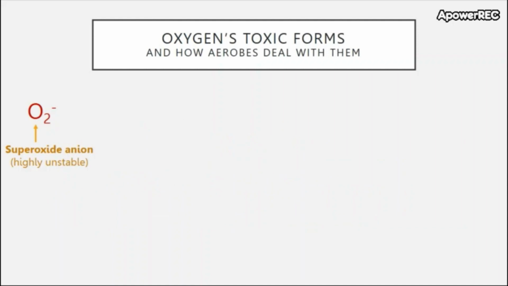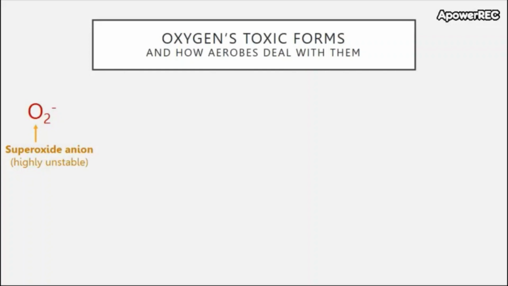But first, let's discuss what's the issue with oxygen. So oxygen can have a variety of toxic forms. And the reason why they're toxic is because they're very unstable. Sorry about that. So as I was saying, oxygen comes in many different toxic forms.